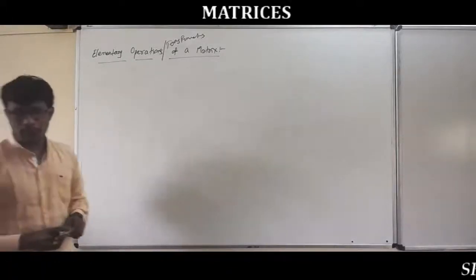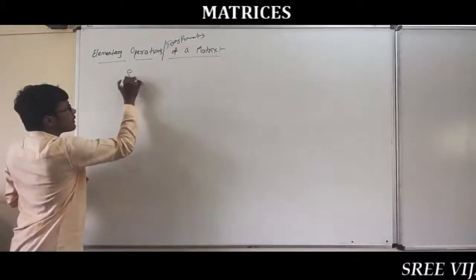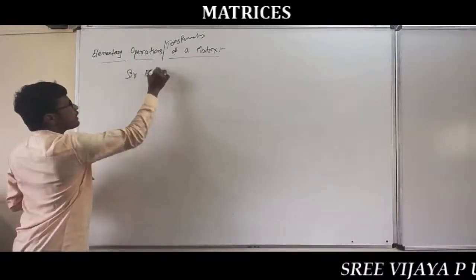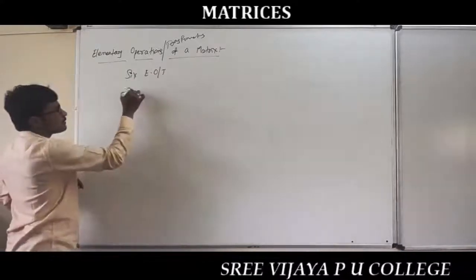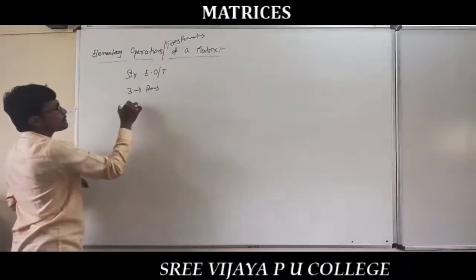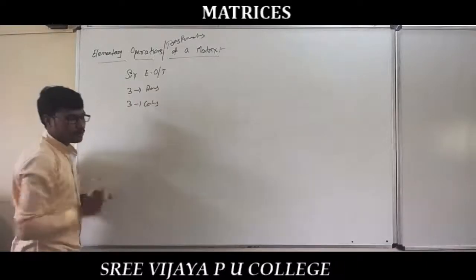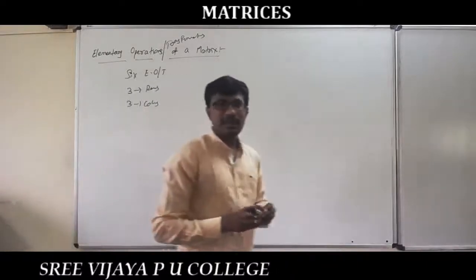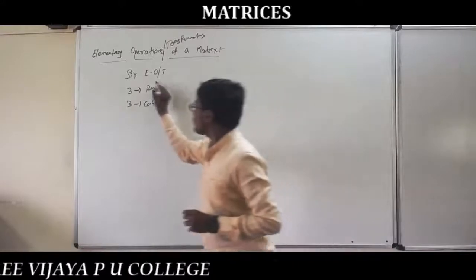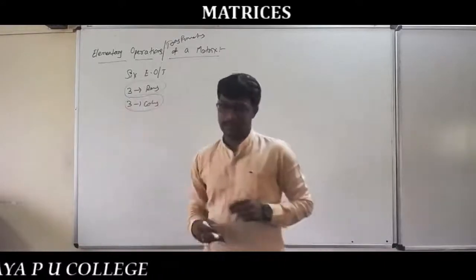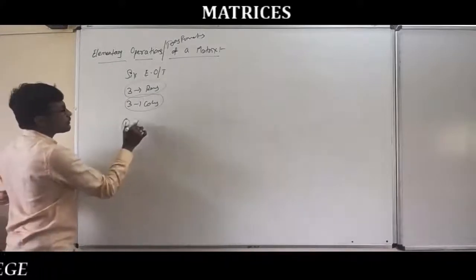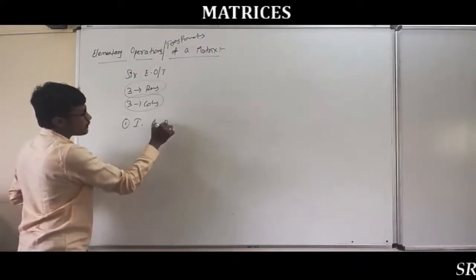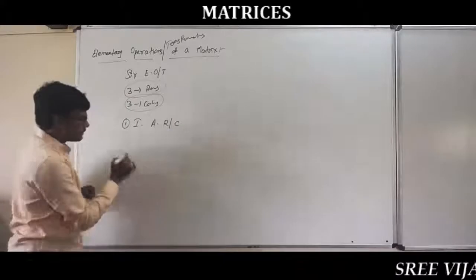What do elementary operations mean? There are 6 elementary operations or transformations of a matrix, 3 due to rows and 3 due to columns. The first is interchange of any rows or columns.